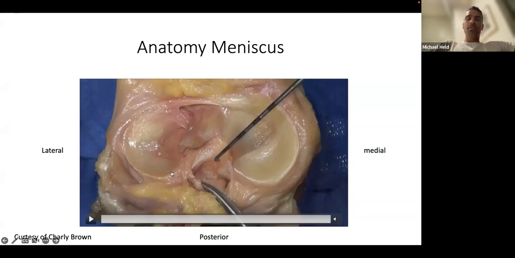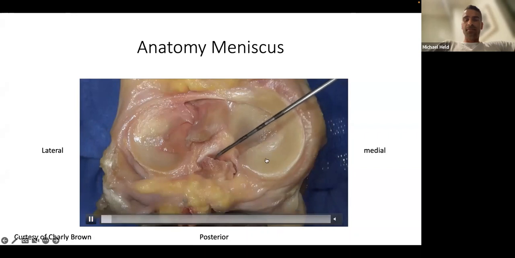The lateral meniscus is a lot less fixed, and is therefore also a lot more mobile and accepts a lot more rotational movement in the knee. And then in the front, so that's the important part about the roots.